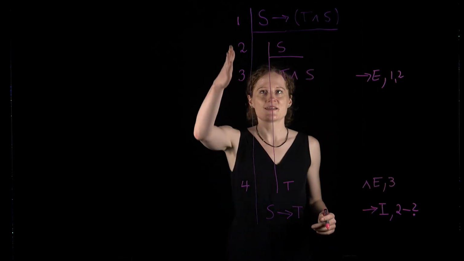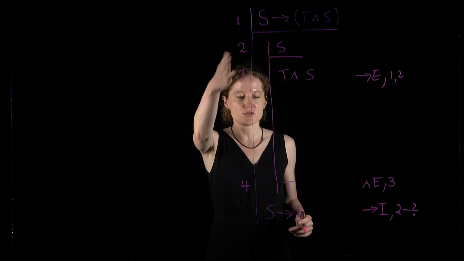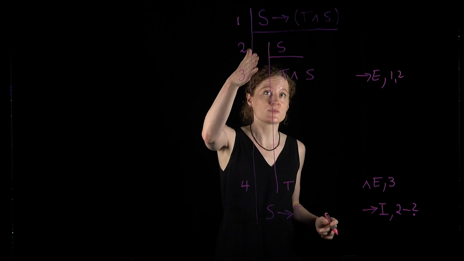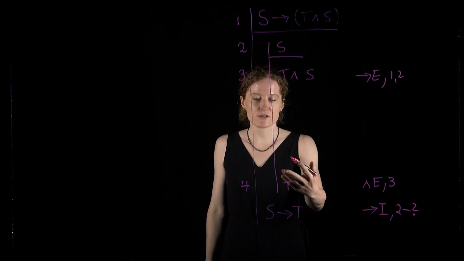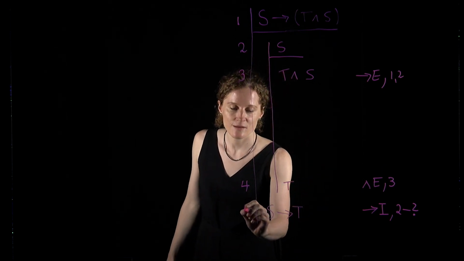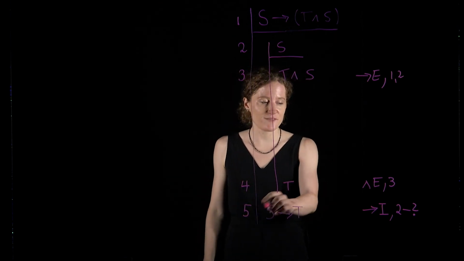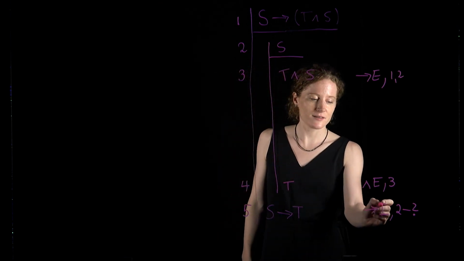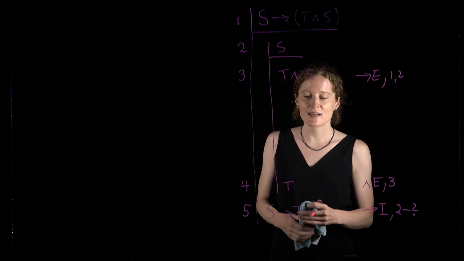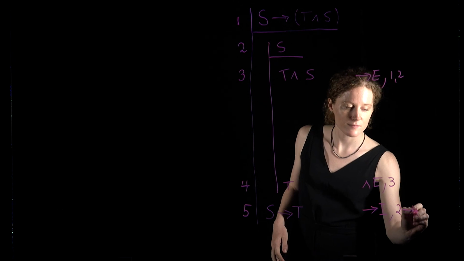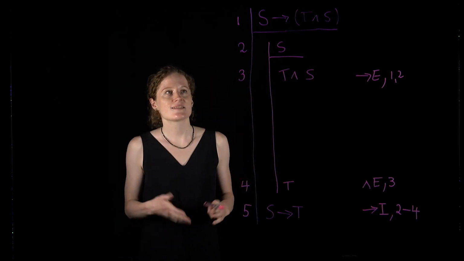So what I've done in this subproof from 2 to 4 is I have shown that under the supposition that S, it follows that T. And that means that now I can infer the conditional if S then T, citing conditional introduction and lines 2 to 4. And that's our complete proof.